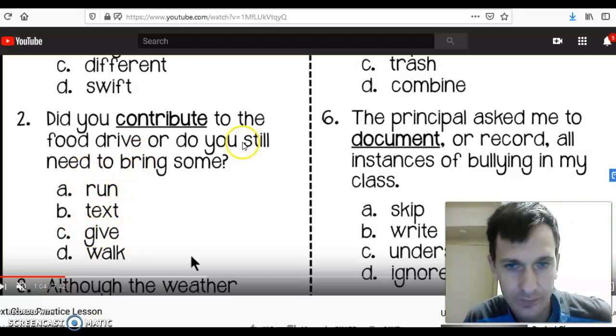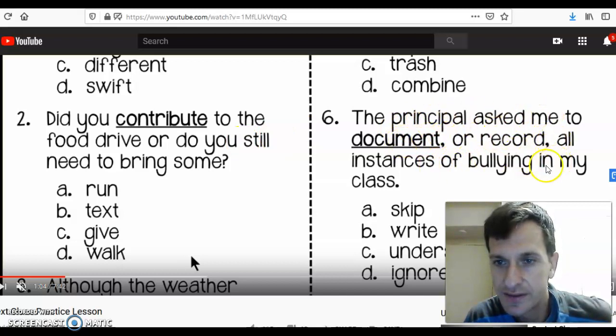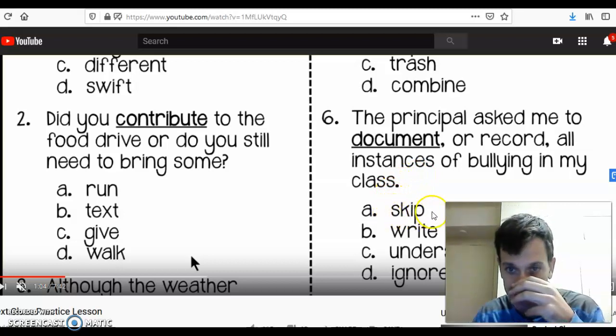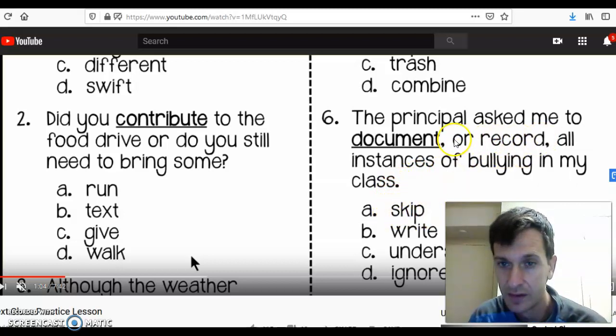The principal asked me to document or record all instances of bullying in my class. So our context clue right there is "or record." If she's documenting, is she skipping or recording? It gives you the definition of what it means to record: to write, not to understand, ignore, or skip.